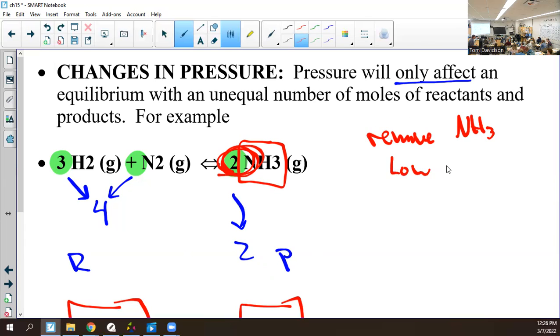We need to have the system at what temperature? A low temperature. Now, remember, really rate-wise, it's going to be high, but for percent yield, the lowest temperature possible. And then we want it under what pressure? High pressure. And this is actually done at an extremely high pressure. It's like 800 ATM or something like that. It's ridiculously high. They put it in a really strong steel container.